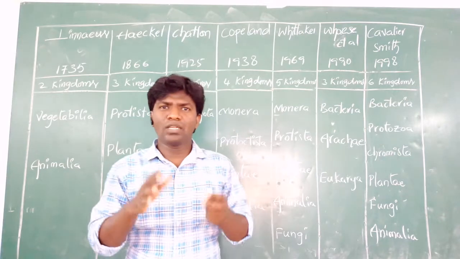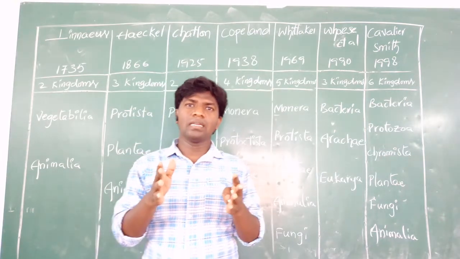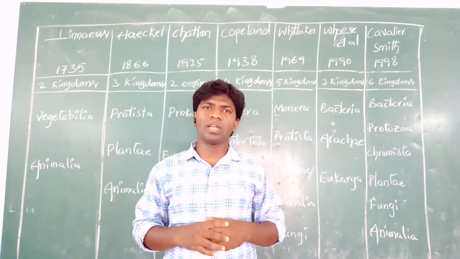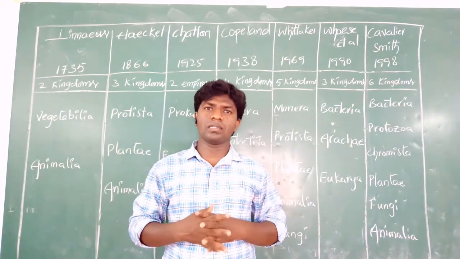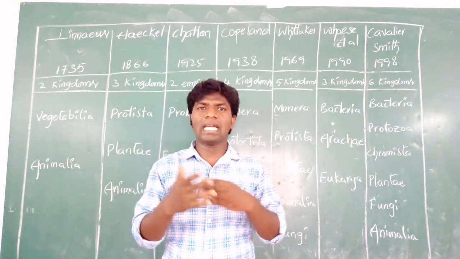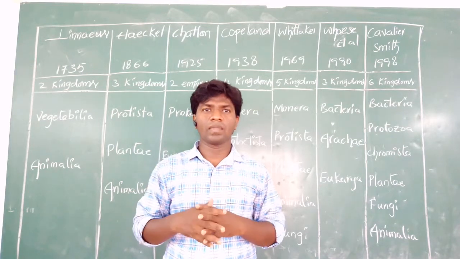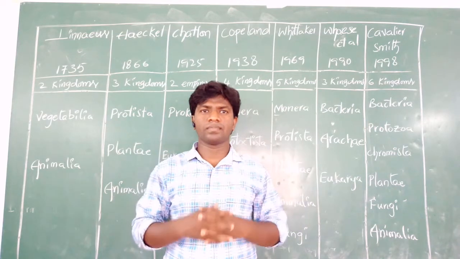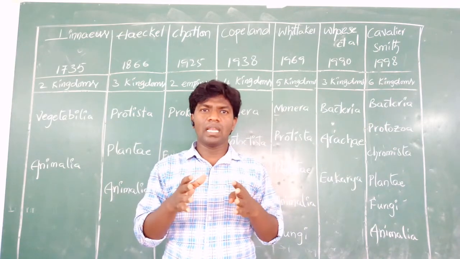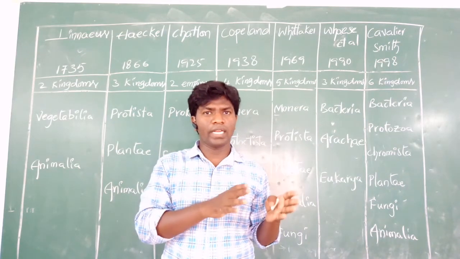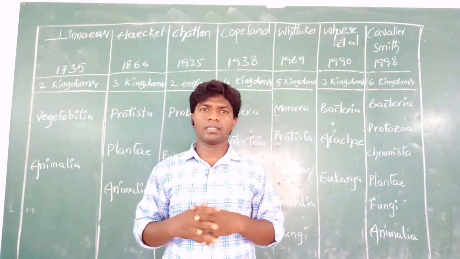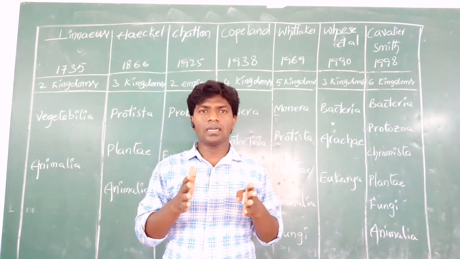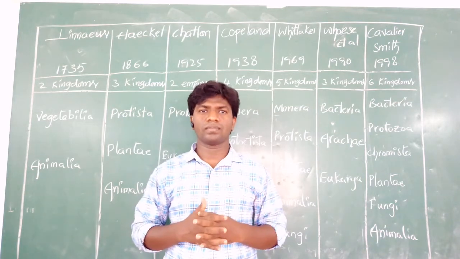Some get nutrients and energy by eating other organisms. Some get energy from the sun and nutrients from the water around them. They live either solitary or in colonies. Some cell organelles are present inside the cell.